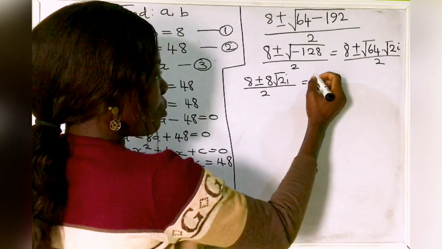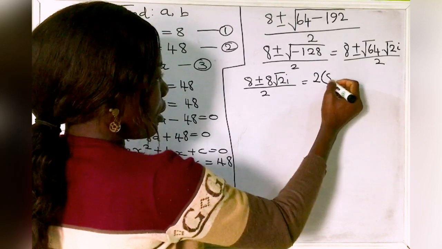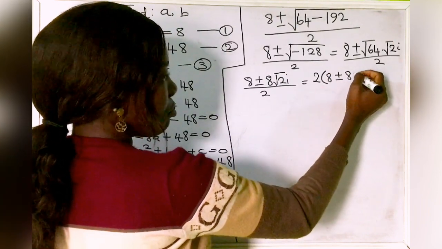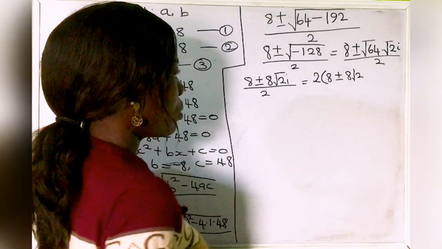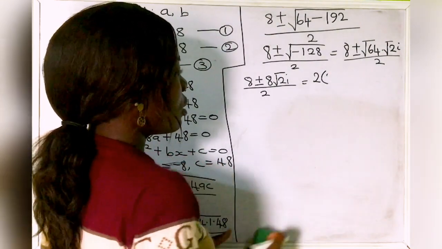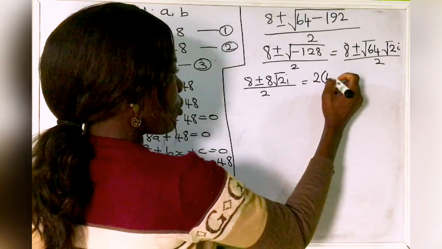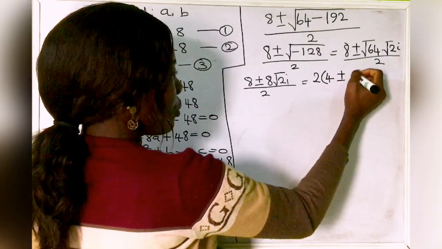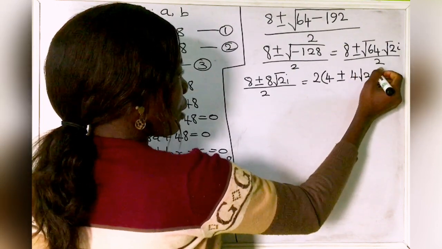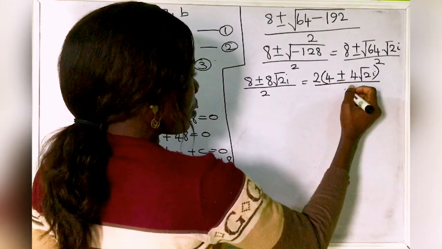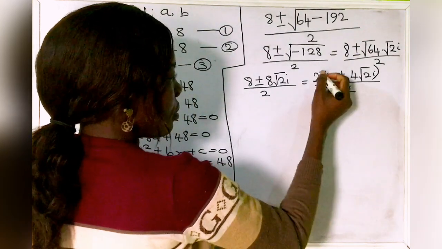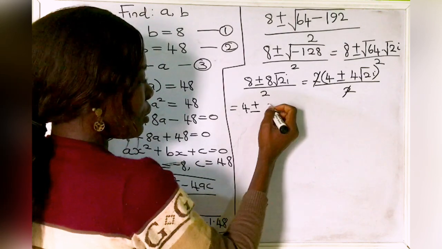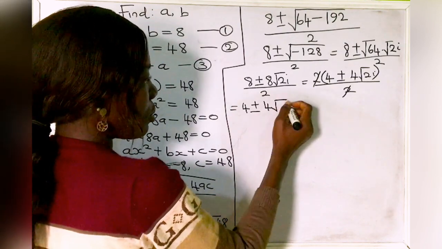We can now say 2 brackets 8 plus or minus... no, this should be 4. 8 divided by 2 is 4, plus or minus 4 root 2i over 2. So 2 cancels 2. So now we are left with 4 plus or minus 4 root 2i.